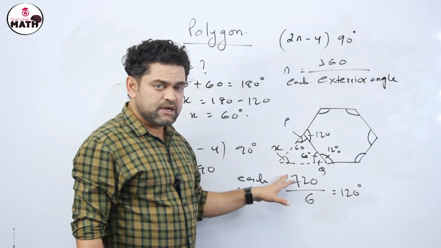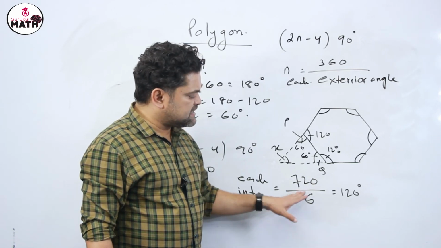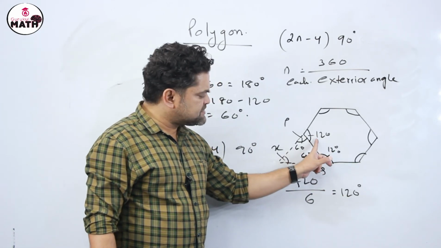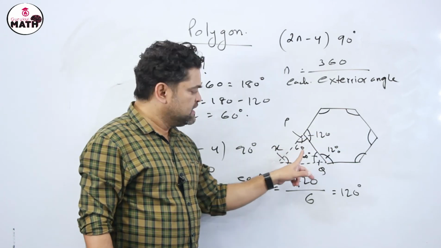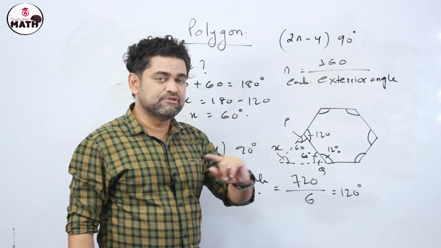So 720 divided by 6 comes to 120. So all angles are 120 degrees. Then I found the other angle, using the sum of the adjacent angles on a straight line, which is 180 degrees.